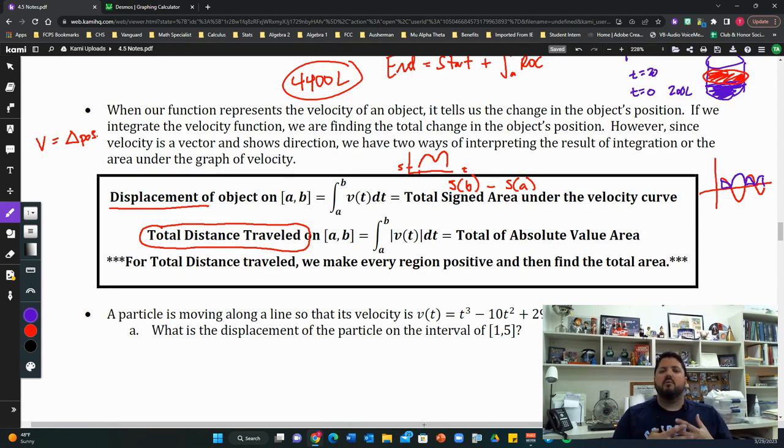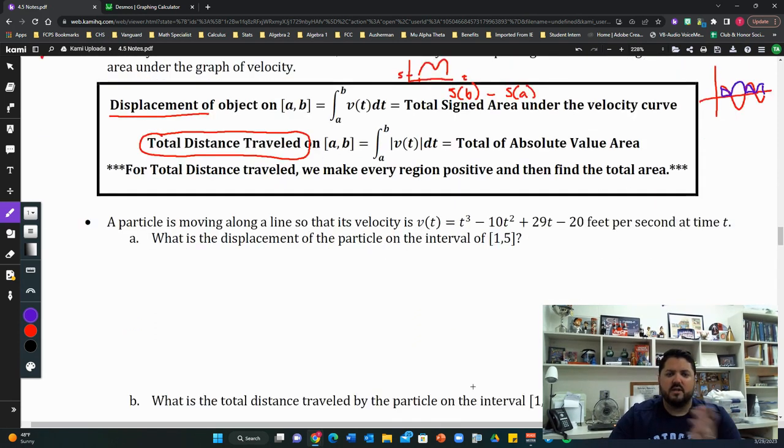It actually just all totals up to be the total distance that that object has traveled. So that's the tricky part. When we want to find total distance traveled, we have to do this to this function. We have to fold all the negatives up to make them positive, and then calculate the areas all together.